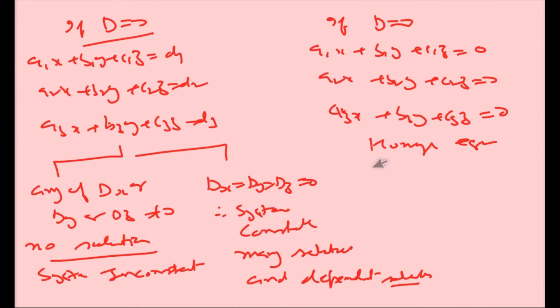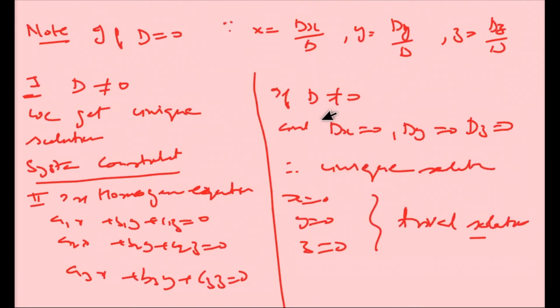Can you tell me? As we described here, d not equal to 0 and this one is 0, homogeneous equations, we get all 0, then we get the trivial solution.